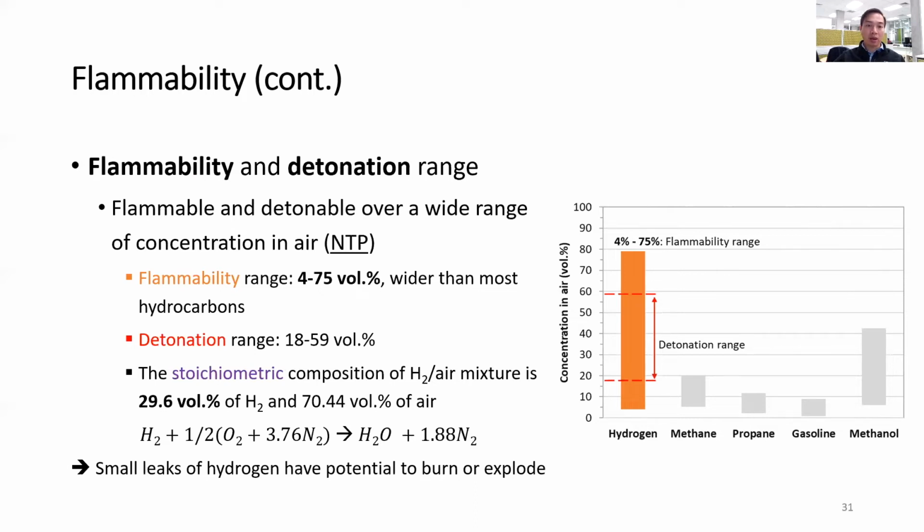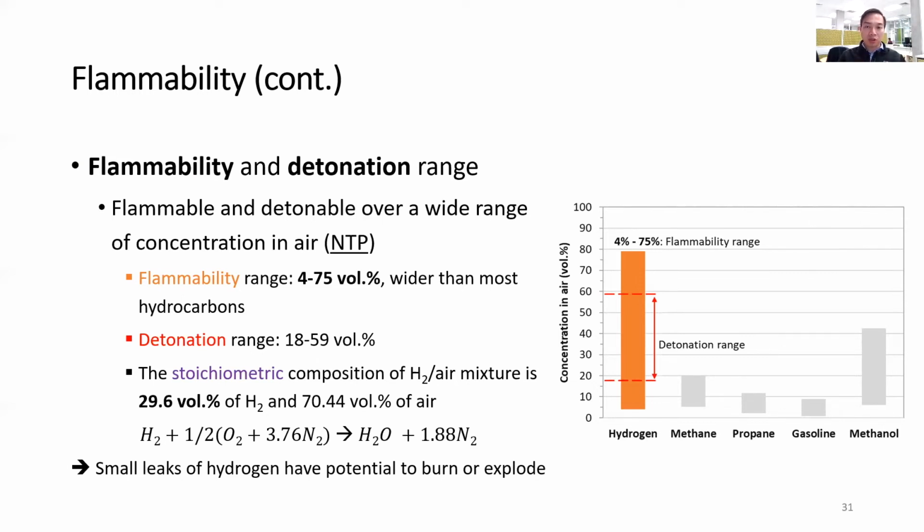One more number I want to bring to your attention is the stoichiometric composition of the hydrogen-air mixture. In this case, it is 29.6 volumetric percentage of hydrogen, and the remaining is air. A stoichiometric mixture is a mixture where, when you get them to react, both the fuel and the oxidizer are fully consumed.